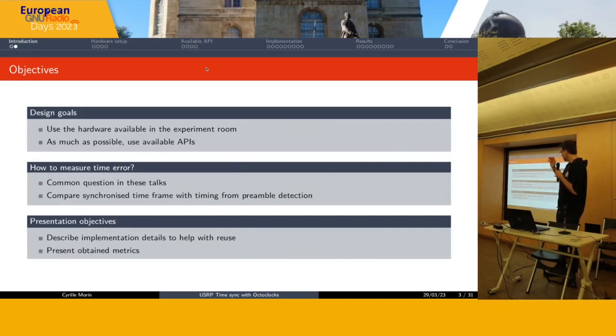So for this presentation, I'm going to first tell you about how we did this synchronization, and to show some metrics, some measurements of the timing error we can achieve. And to do that, we're going to try to compare the time we have from this time synchronization system and the timing that a correlation with the preambles tells us.